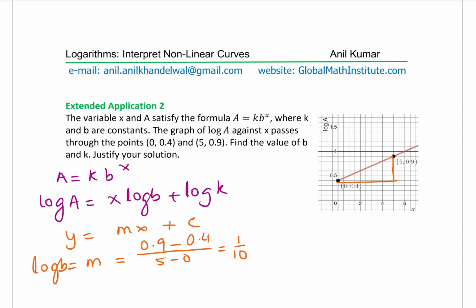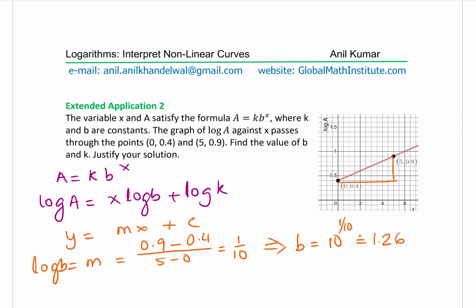So from here, we get the value of b as 10 to the power of 1 over 10. Now we can use the calculator to find this value. So it is 10 to the power of 0.1, and that gives us 1.2589. So I'm rounding it to 1.26. So that is the value of b for us.